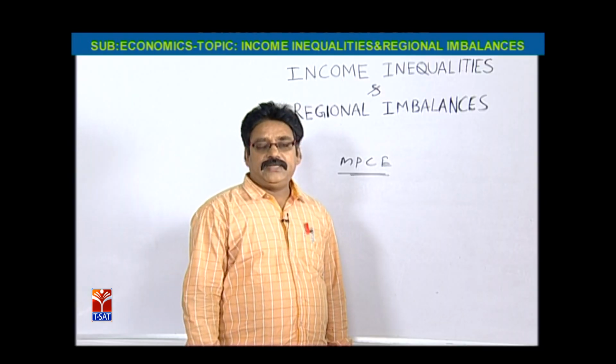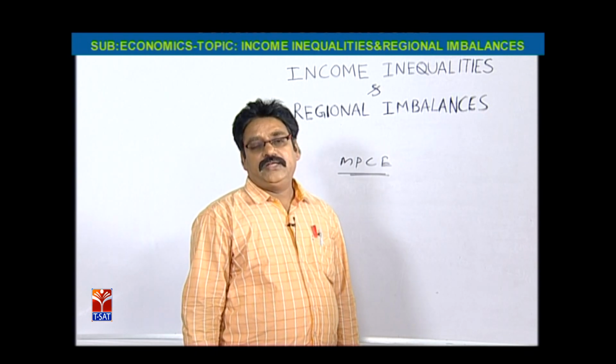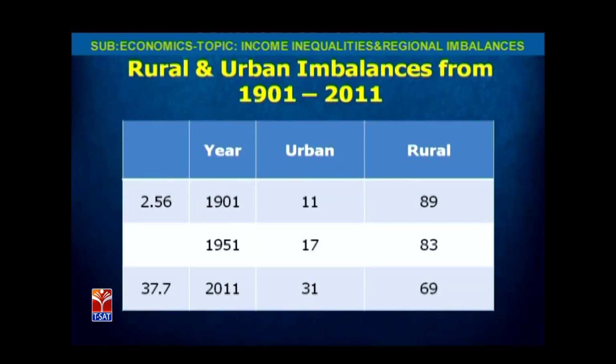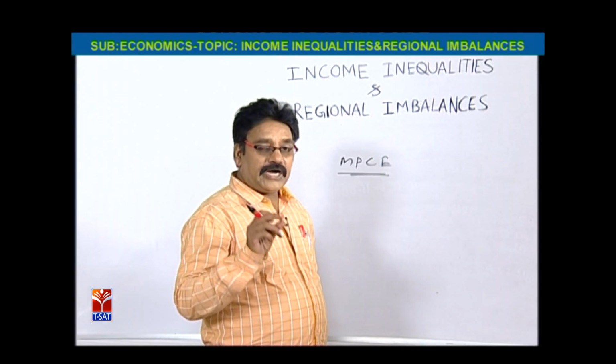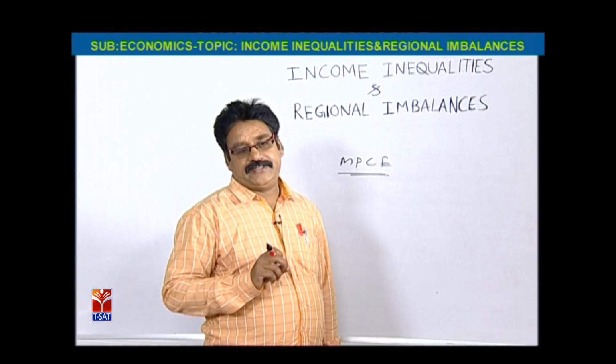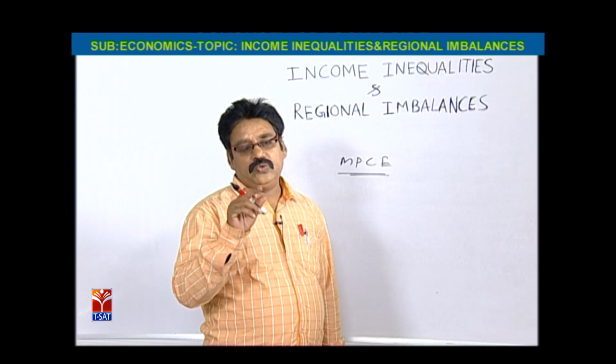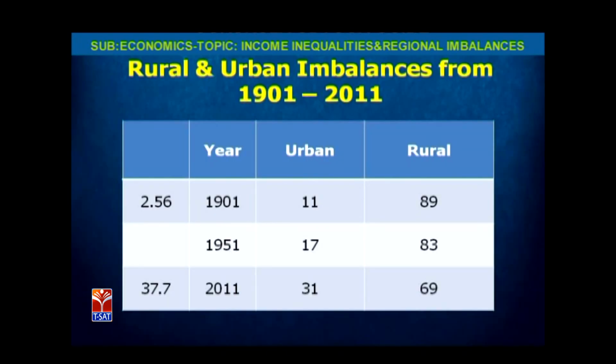If we observe 1951, after getting independence, our urbanization slowly increased. That is, our urban population increased from 11% to 17%, and rural population decreased from 89% to 83%. If we observe the remaining 60 years, from 1951 to 2011, urban population increased from 17% to 31%.